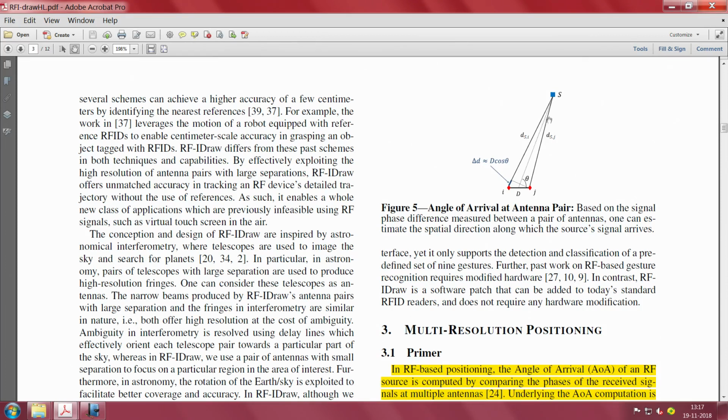So, DSI and DSJ are the distances from the source to point I and from the source to point J. The distance DSI is greater than DSJ by an amount, which is delta D, which can be easily computed from the separation distance capital D and cos of the angle theta here, and that is essentially this paper.